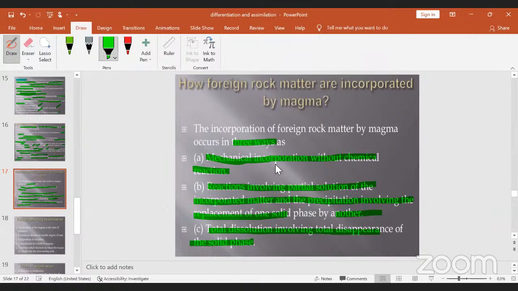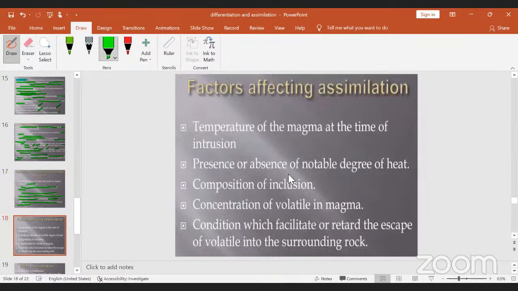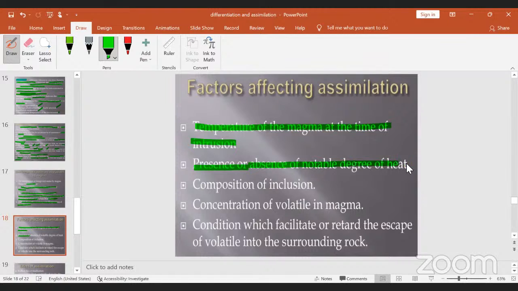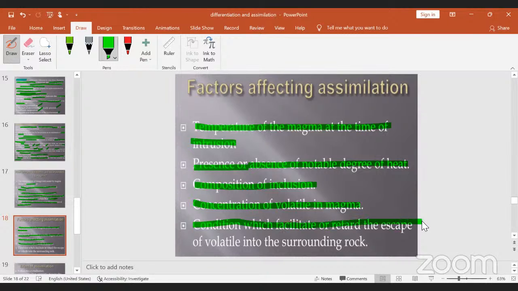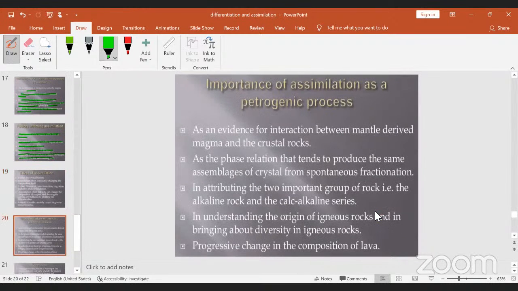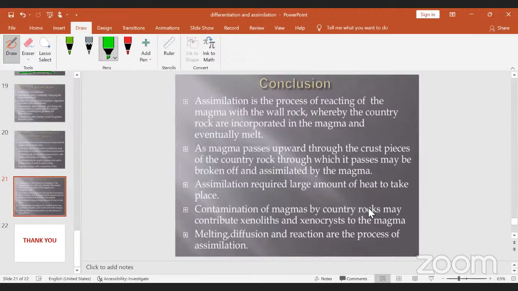So these are the three types of foreign rock matter incorporation by the magma, right? Factors affecting assimilation: first, the temperature of the magma at the time of intrusion; second, the presence or absence of a notable degree of heat and the composition of the inclusion; and the concentration of volatiles in the magma and conditions which facilitate or retard the escape of volatiles into the surrounding rocks, right?